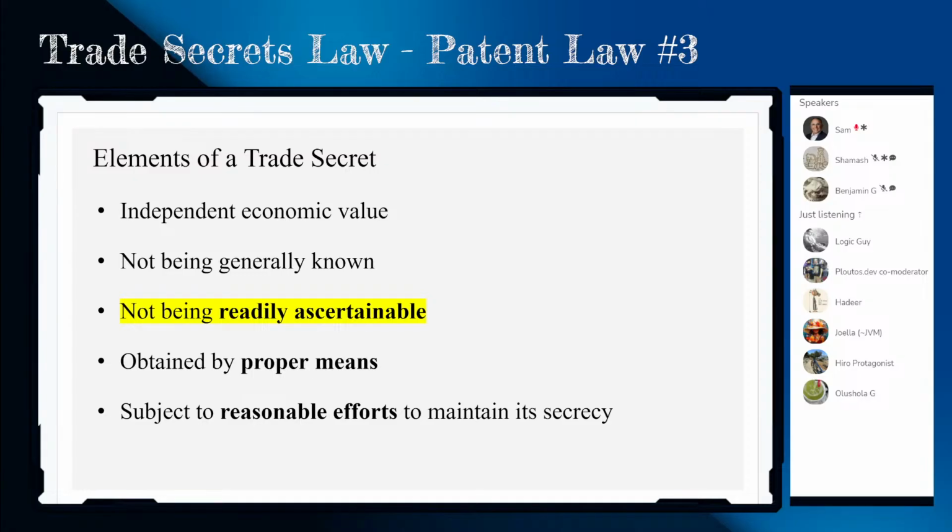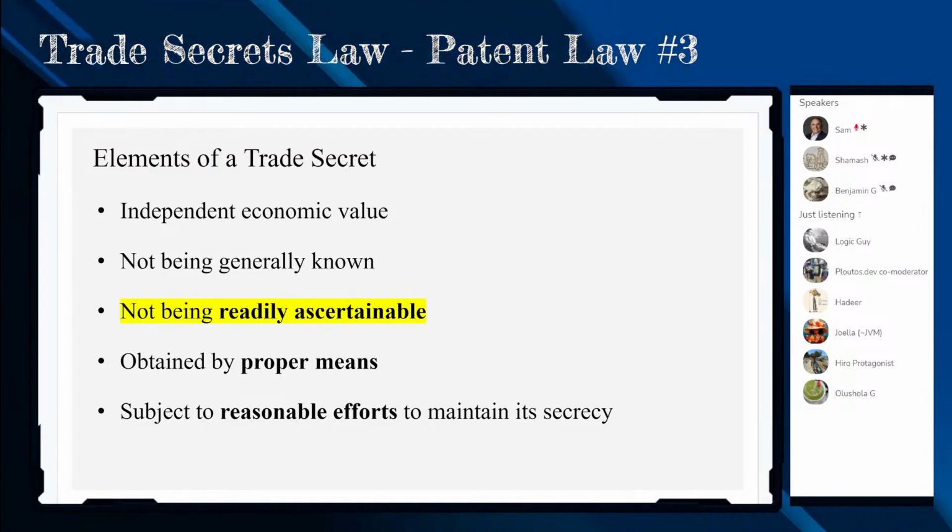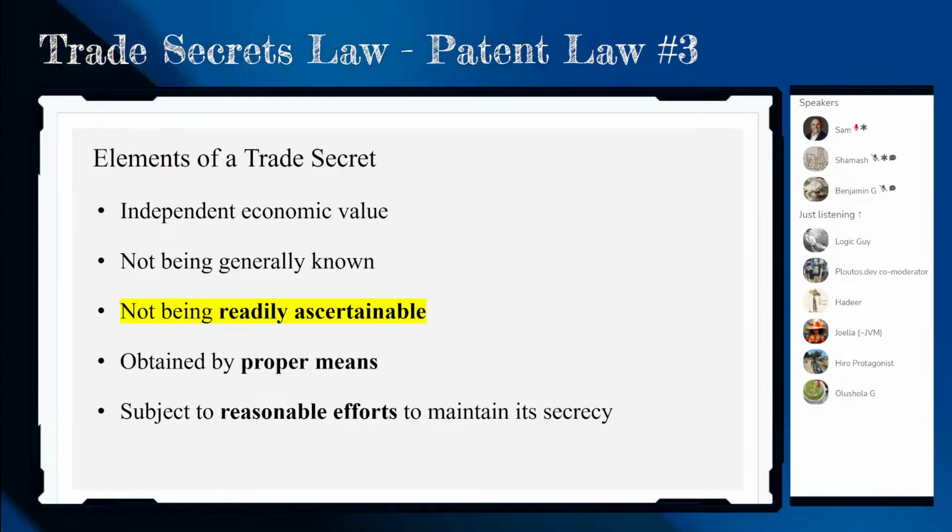The disputes we see in the courts don't deal with independent economic value, and it makes very logical sense.